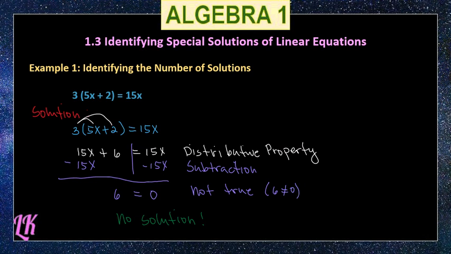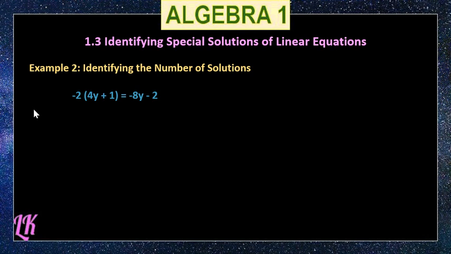Now let us consider the other example. The given equation is -2 times the quantity 4y plus 1 equals -8y minus 2.